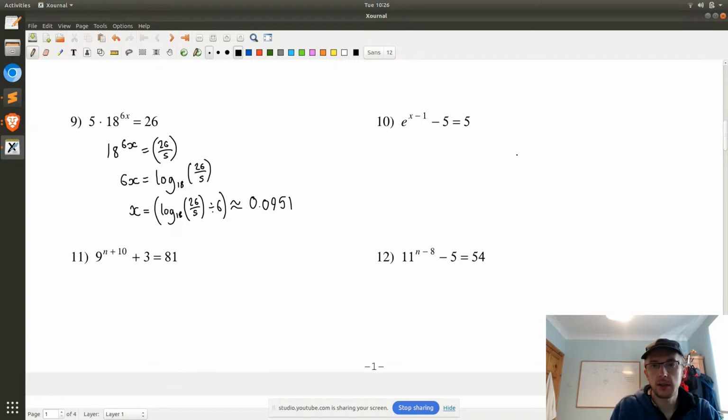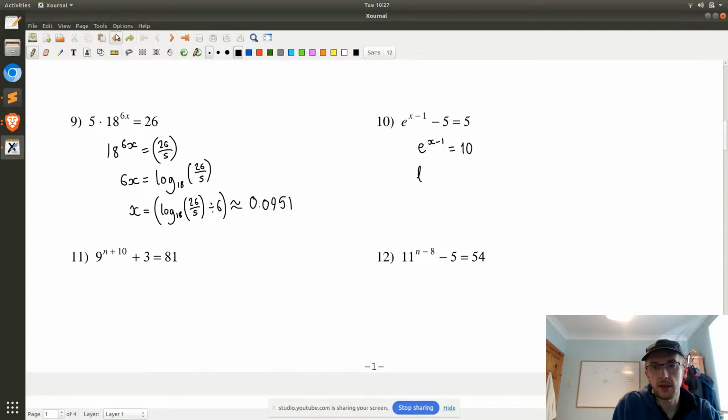Now here, e to the x take away 5 equals 5, so add 5 to both sides simply. Then do the natural logarithm of both sides. So if e to the whatever equals 10, then ln of 10 equals that whatever, right?